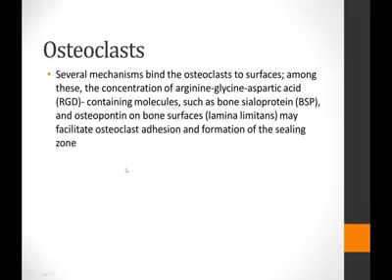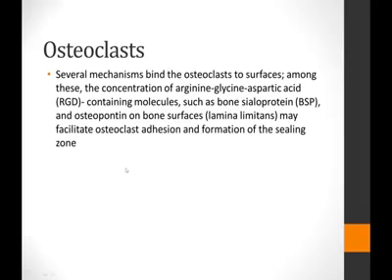Among these there are other mechanisms like certain molecules that have high concentration of arginine, glycine, aspartic acid residues, like the bone sialoproteins and the osteopontin. ये जो molecules हैं ये basically आपके osteoclast की adhesion को facilitate करते हैं, and in other words they are basically facilitating the formation of a sealing zone.